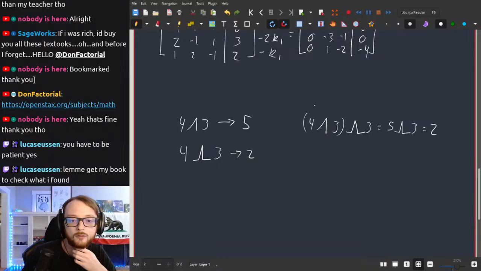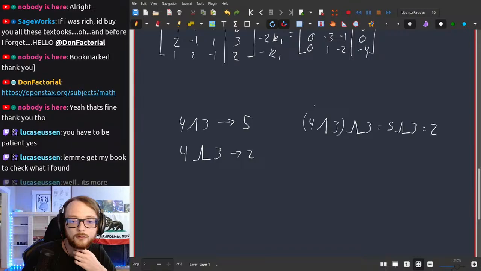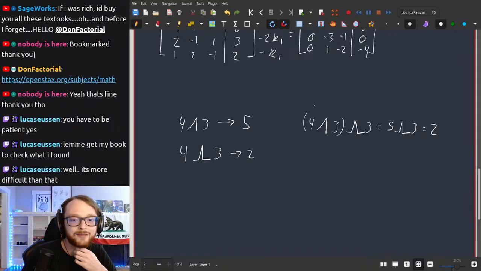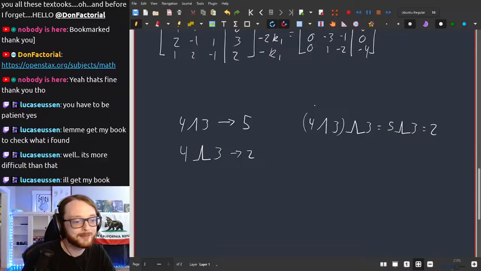I can see where the inverse is kind of like the opposite of max.